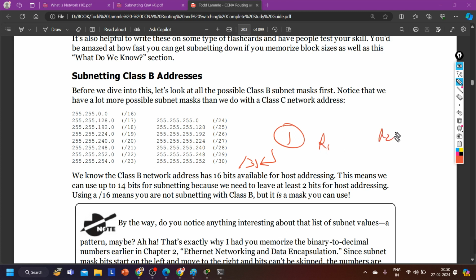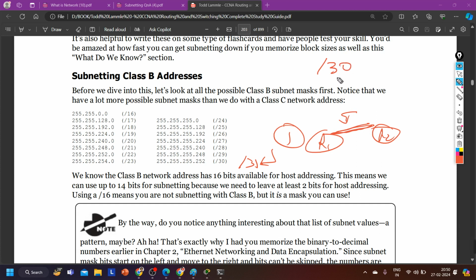Let's say you are connecting two routers together. Here also you need how many IP addresses? 2. And keep one thing always in mind guys, whenever we connect two routers together, to avoid wastage, what subnet mask should I use? To avoid the wastage of IP addresses, what slash value should I use?